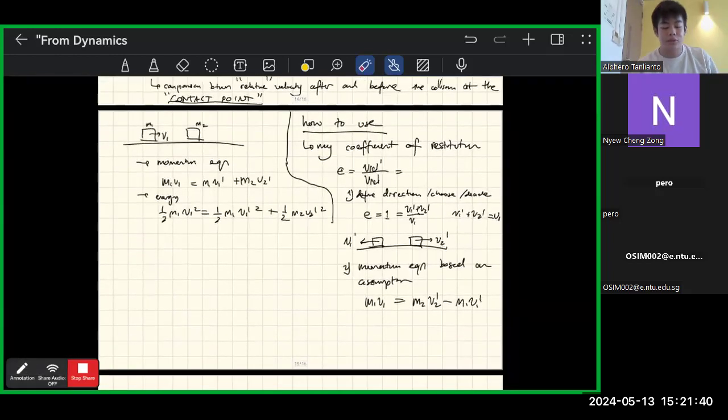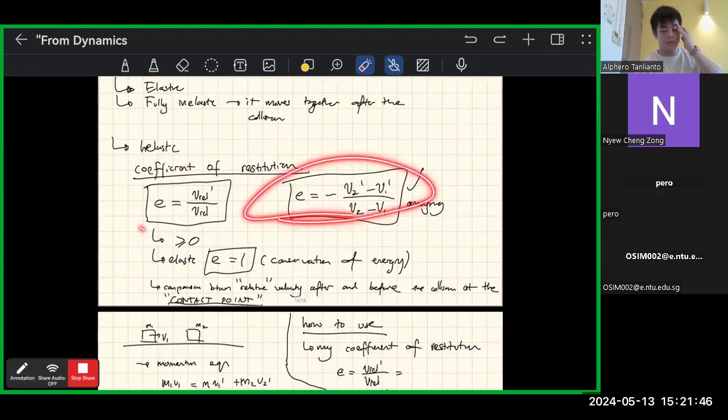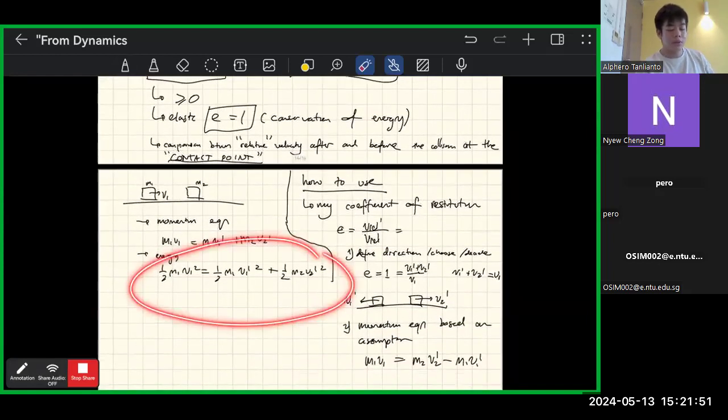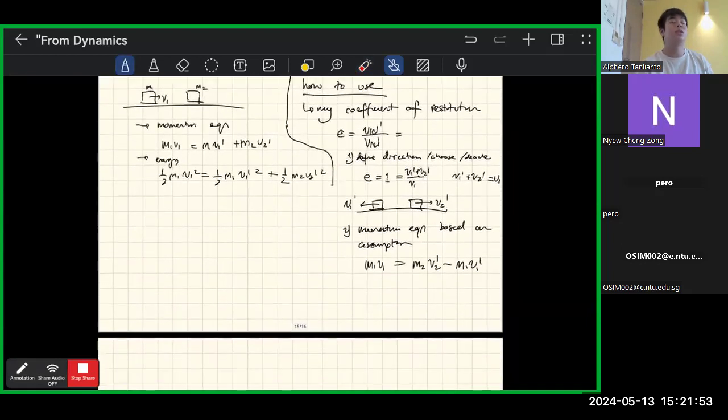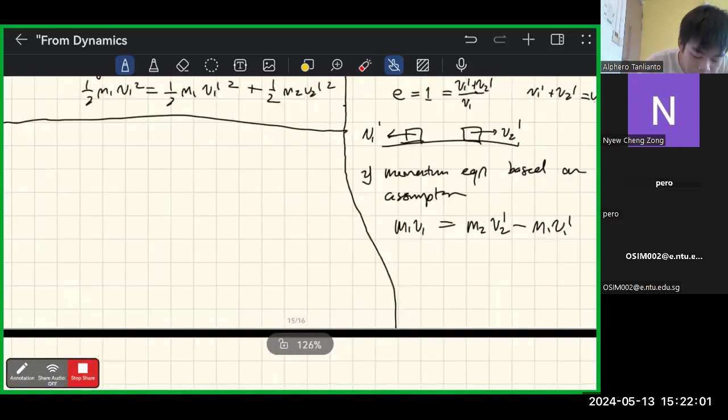For this, there is no very significant difference whether you use this or the energy one, but it will make a significant difference when it comes to rotation. This is a problem that I saw from past year also.